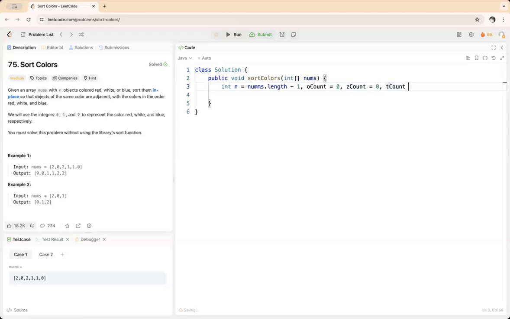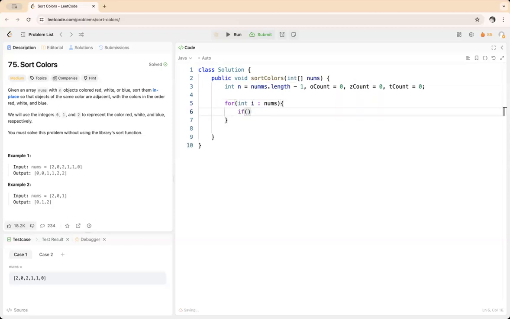Now we'll make a pass through this array and check whether it is equal to one. So if I is equal to 1, then obviously we have to increment O count. Else if I is equal to 2, then we have to increment Z count. If we consider only these two, then it suffices for us.